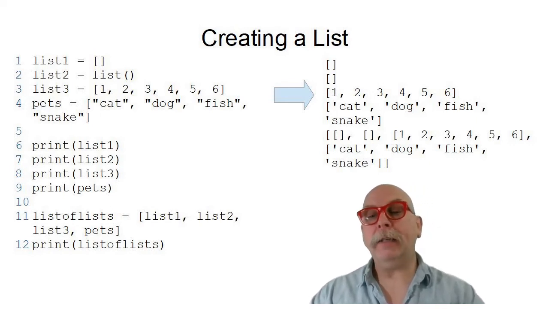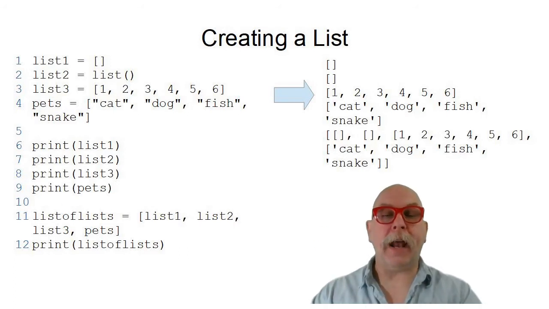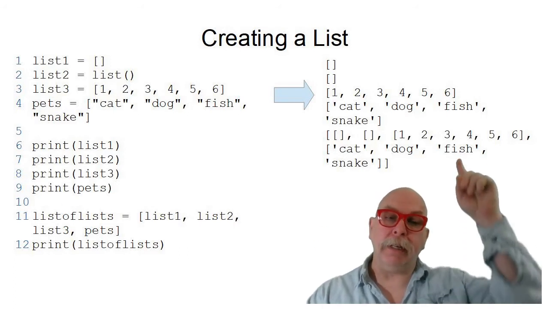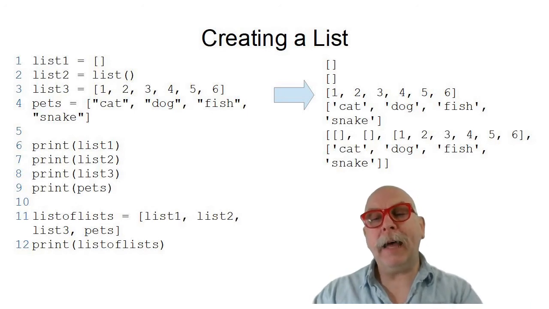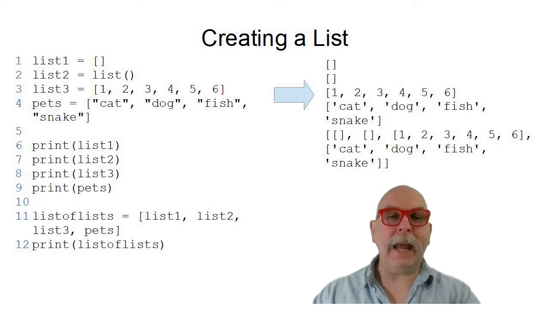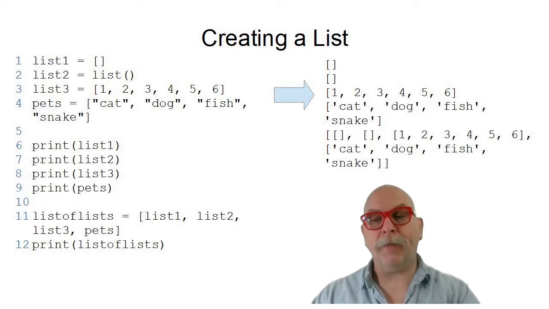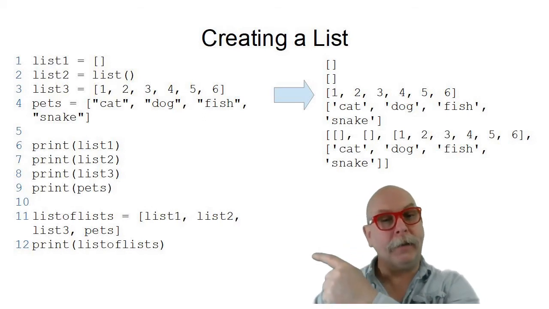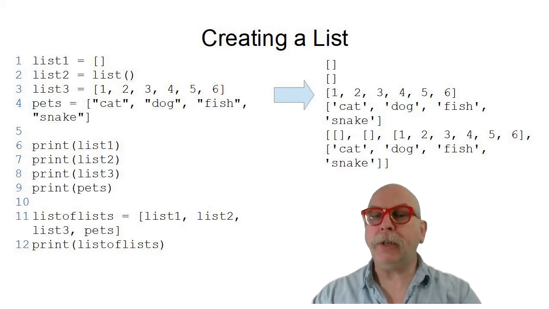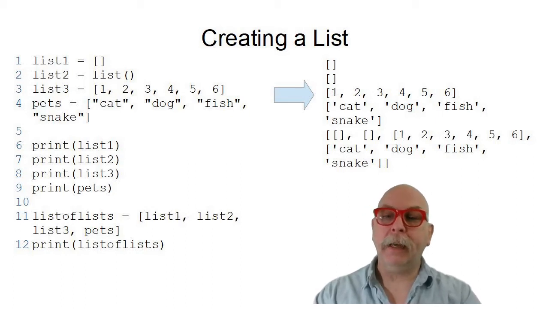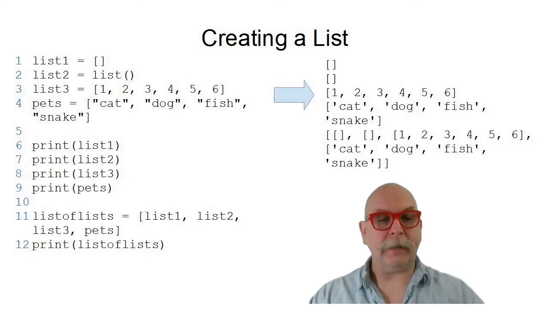On lines 6 through 9, you can see that I print each of the lists, which is what we see up above. And then on line 11, notice that I create a list that contains the 4 lists. So I have one list called the list of lists that prints out above that contains all 4 lists as sublists. So there's some creation of empty lists, some regular lists, and then a crazy list of lists.